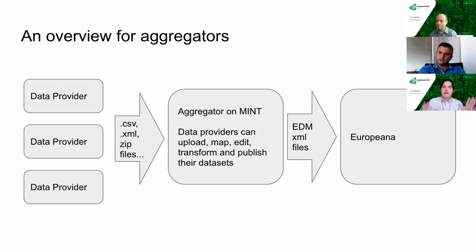And then they can upload and map, edit, transform their data sets, and they can have help from the aggregator as much or as little as they need. In my experience, some data providers need quite a bit of support. Others really can just go off and do their thing and be very low maintenance. But then that will export EDM XML files, which can then be harvested by Europeana.